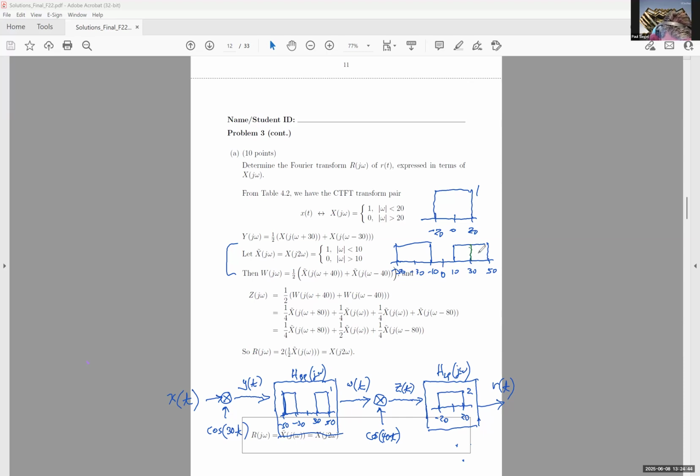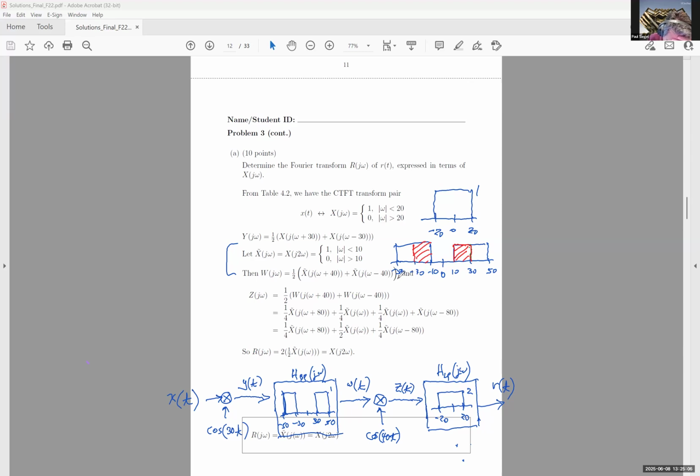The bandpass filter is going to remove everything except from 30 to 50. So this is going to get removed, and this is going to get removed. So we just have left over from 30 to 50 and minus 30 to minus 50.